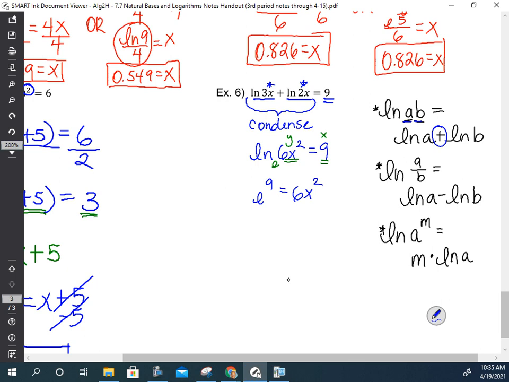All right, let's keep it moving. So e to the ninth power is 8103.084. So 6 we can take care of. Divide it, so 1350.514.